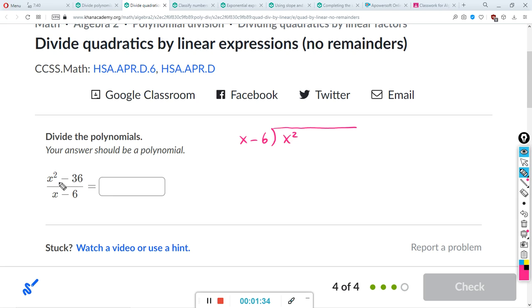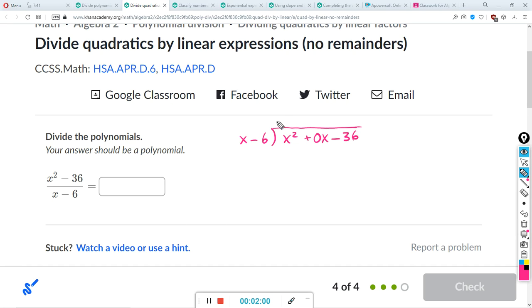But notice we don't have an x here, so I'm just going to put in a 0x. And then it's minus 36. Now really I'm showing you the long way here. I'll show you the shortcut in a minute.